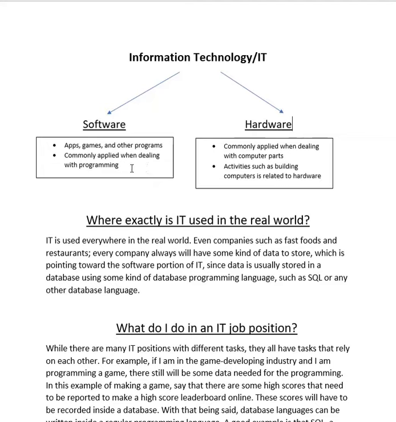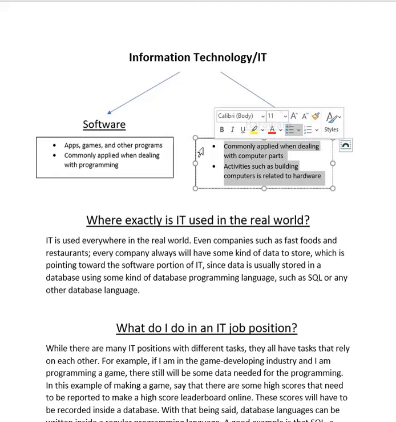On the other hand, hardware is commonly applied when dealing with computer parts. Activities such as building computers are related to hardware. So you can see the difference now. Software is like programming, while hardware is like taking a computer part, say a graphics card, a CPU, a processor, a hard drive, an SSD, a heatsink, or any other computer hardware.